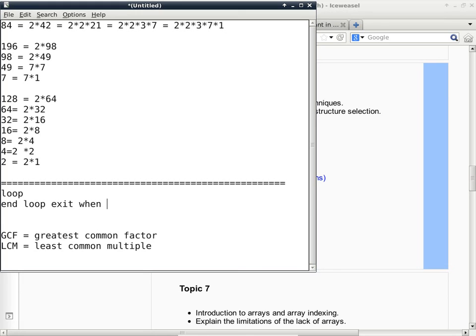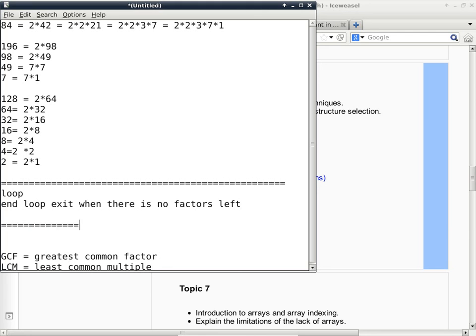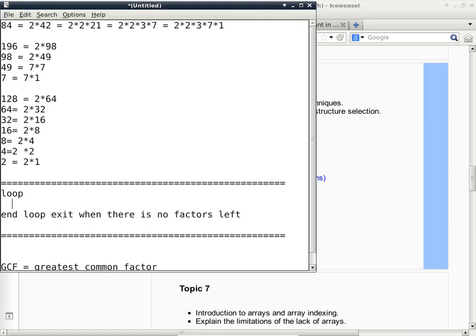So we'll just say that we exit when there are no factors left. How's that? That seems reasonable. In fact, we can say for each iteration, we just extract one prime factor.